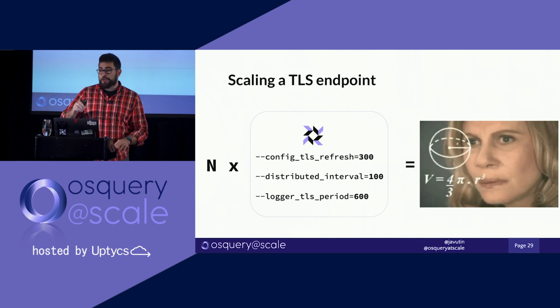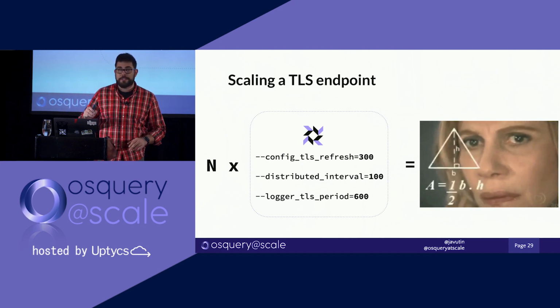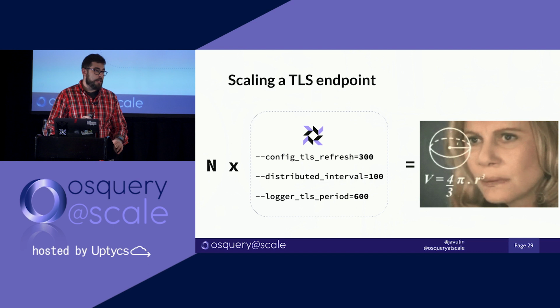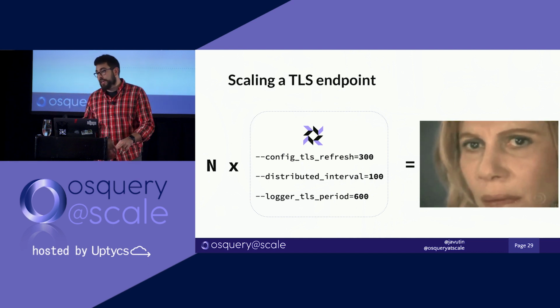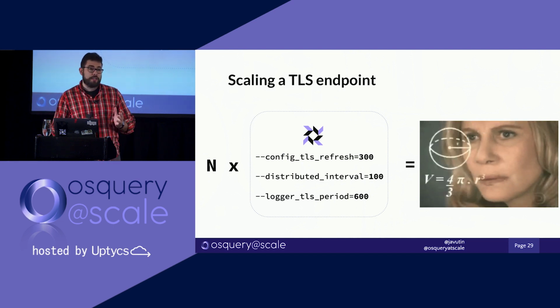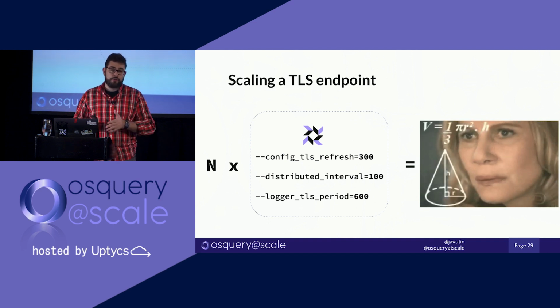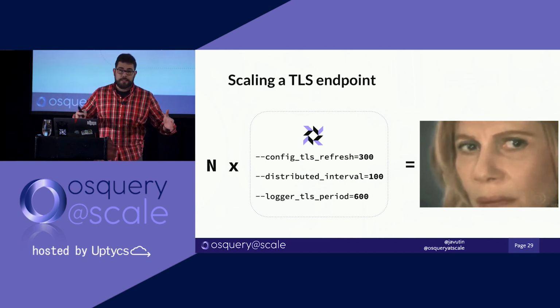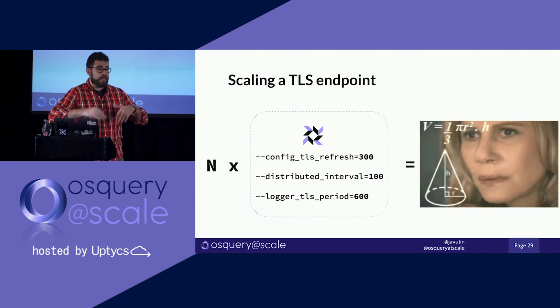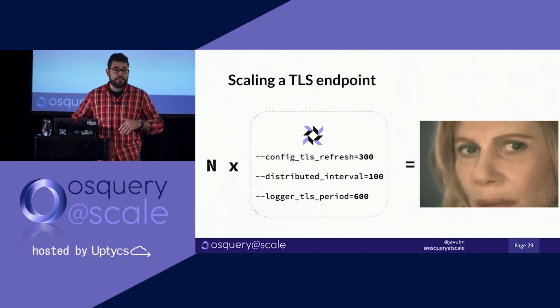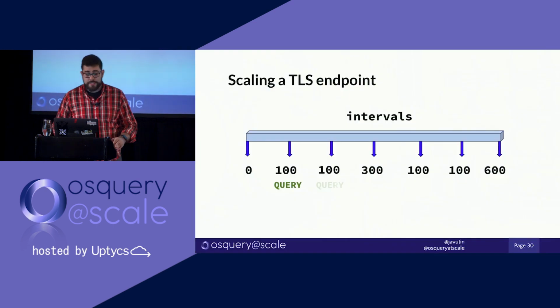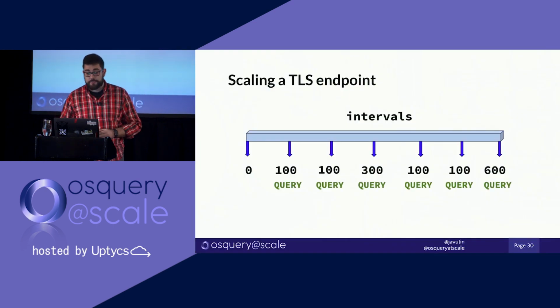So how could you estimate the number of requests you're going to have per second or per minute, so you can plan your infrastructure and horizontally scale to absorb all the traffic and requests that your Osquery agents are going to be sending?